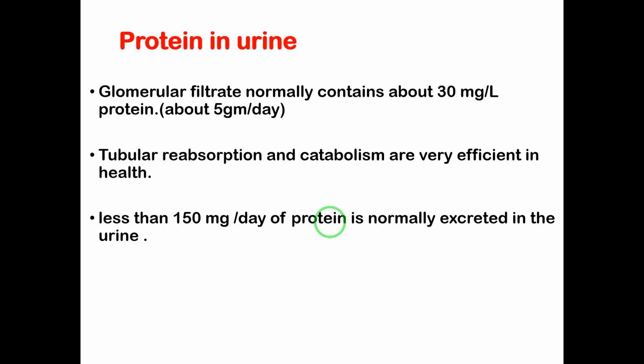But all of this protein, or the majority, will be reabsorbed by the tubule, so that only 150 milligram per day of protein will appear. The majority is from the blood through the glomerular filtrate. Also, some of the protein originates from the urinary tract and some from the vagina and prostate.